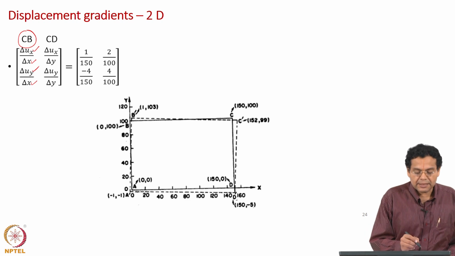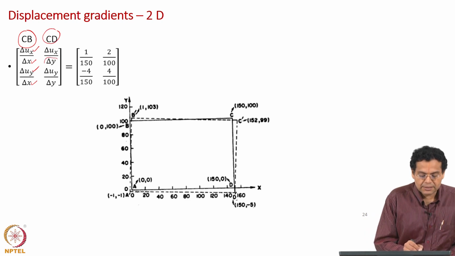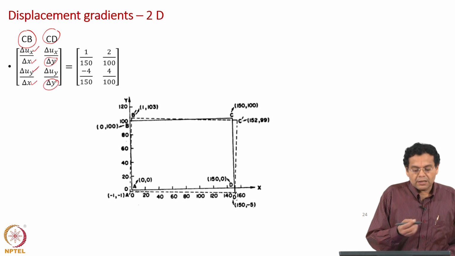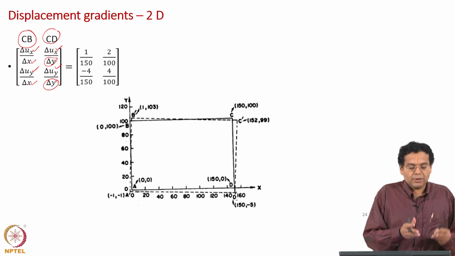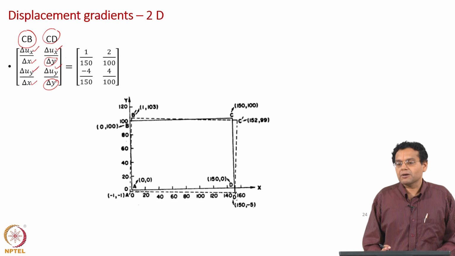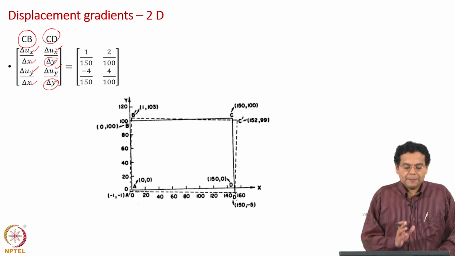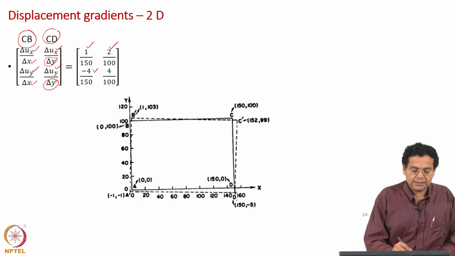Then we consider particles along the y axis C and D, that is why the denominator is delta y. Now we considered x displacement and then y displacement. So now I have taken those values, arranged column wise. Why specifically column wise we will understand later. Right now I have taken all the numerical values from the previous slides and then filled up here.